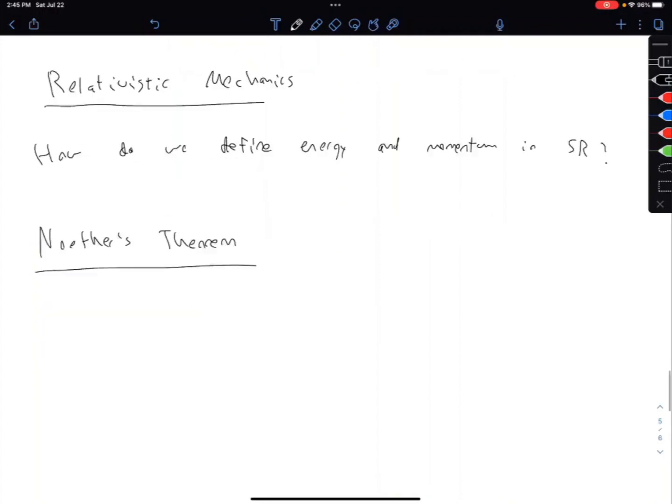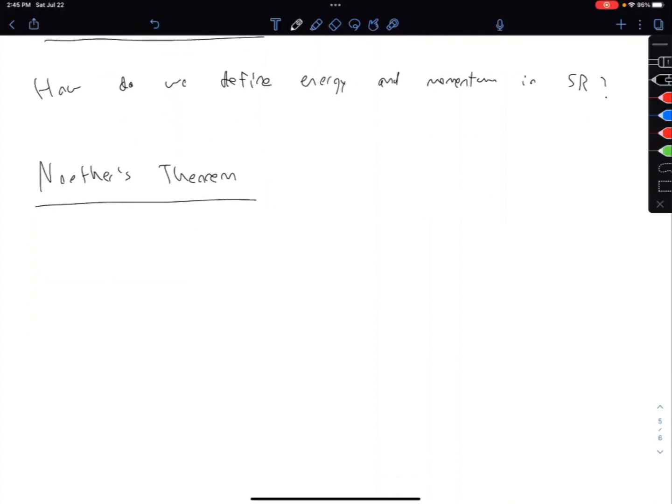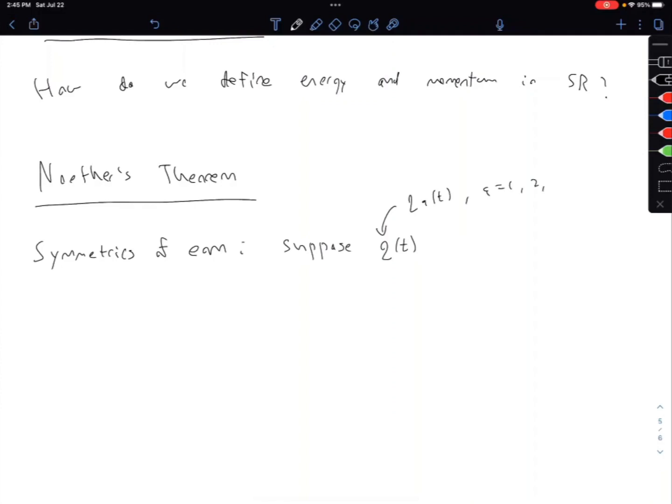Okay, so first I should just set the stage. So we have symmetries of the equations of motion. What do I mean by that? So suppose q of t, and by q, I'm going to stand for the collection of all the generalized coordinates, right? So I could have q_a, with a from 1, 2, all the way up to n.